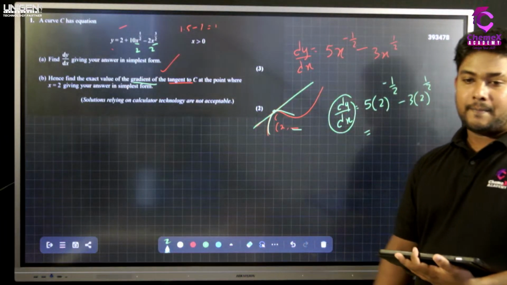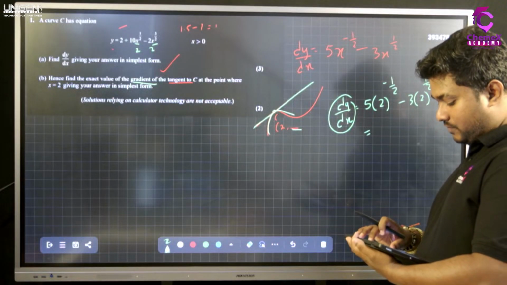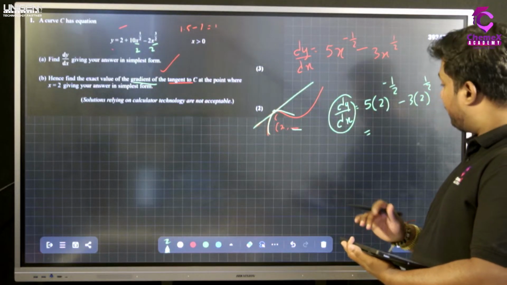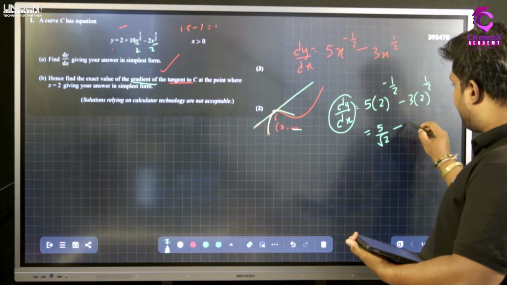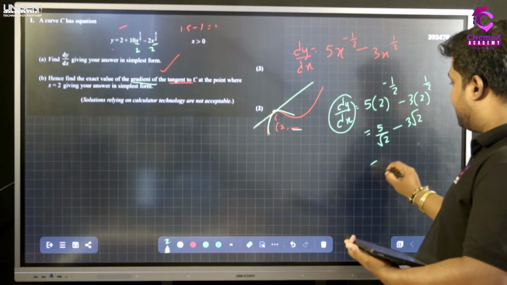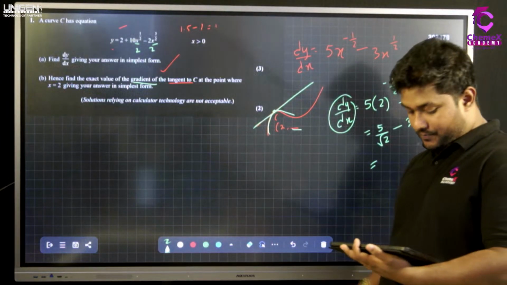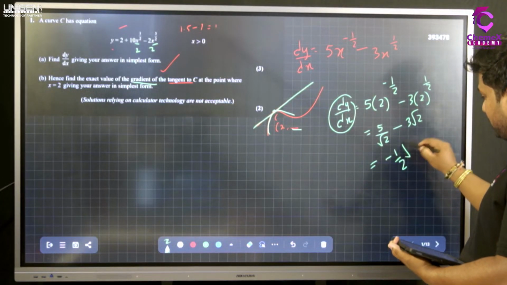Got it? So if you simplify this, what do you get? Minus 1 over 2 root 2.